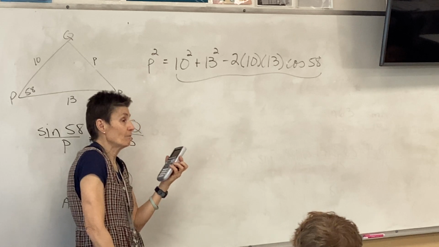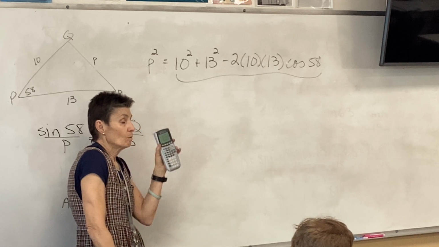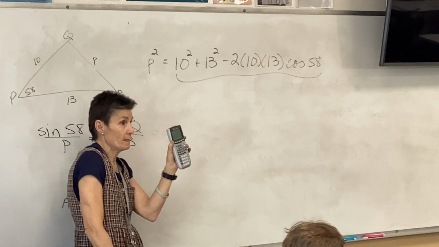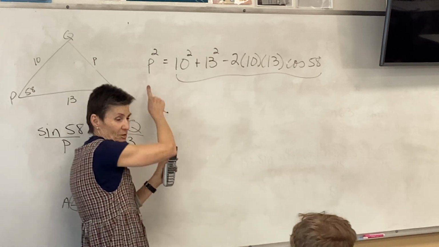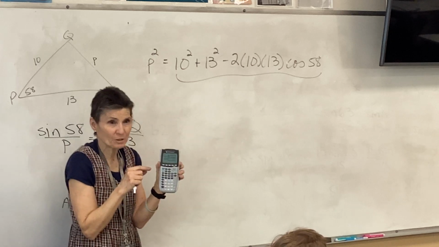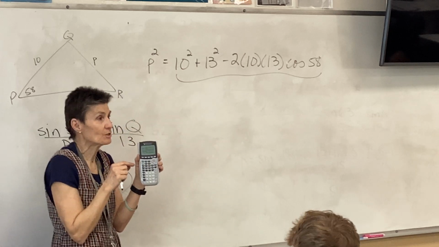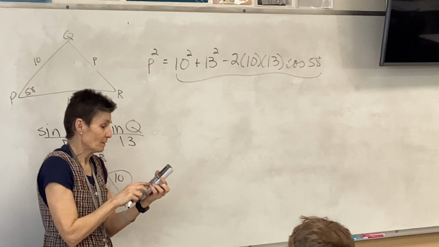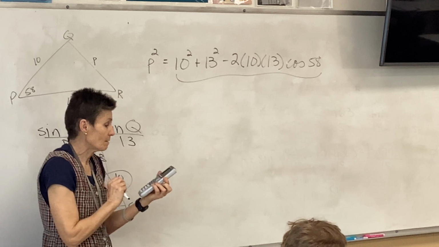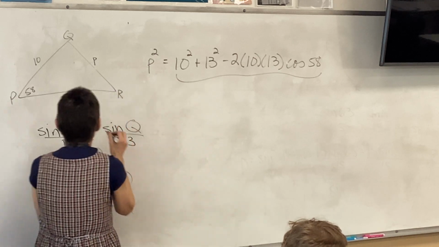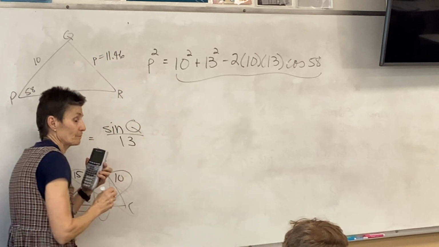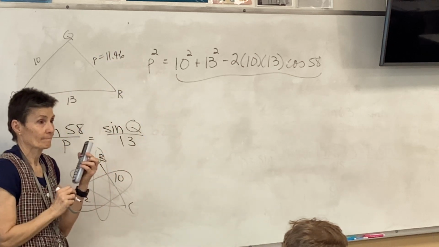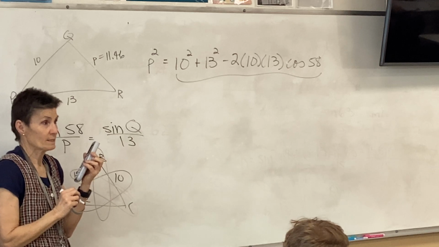All right, now be careful. Wait, I got a negative. Be careful. What is that 131? That 131 is p squared. So what do I need to do? To get p, I'm going to need to square root it. So I'm going to square root that number, and you should get 11.46.